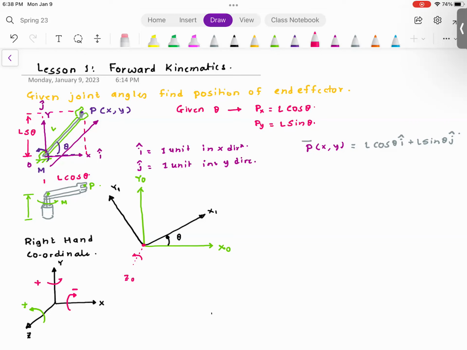Okay. Now what I want to do is, I want to solve this tricky problem of coordinate transformation. And I want you to look at the things that I'm going to do very carefully, because that is entire chapter 2, coordinate transformation. So now I have two axes. I have X naught, X1. I have Y naught, Y1. So what I'm going to do is, I'm going to create a matrix.